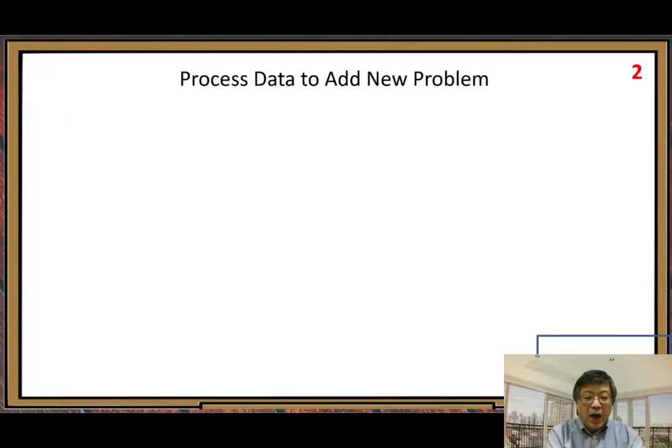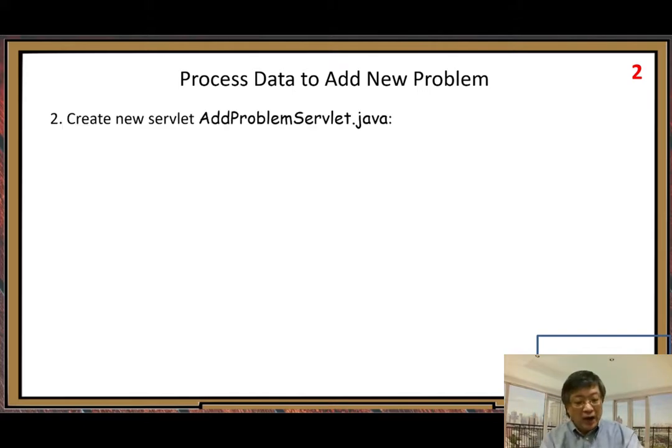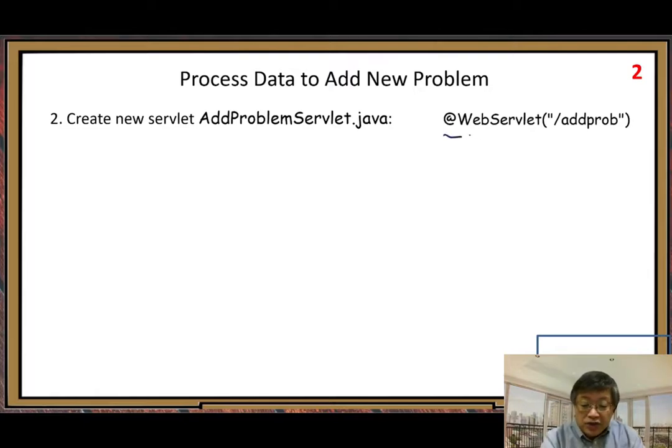Step 2, now we need to process data to add a new problem in the servlet. Actually, we will create a new servlet for it, called AddProblemServlet.java. When we create it, we set its URL pattern to /add_prob.